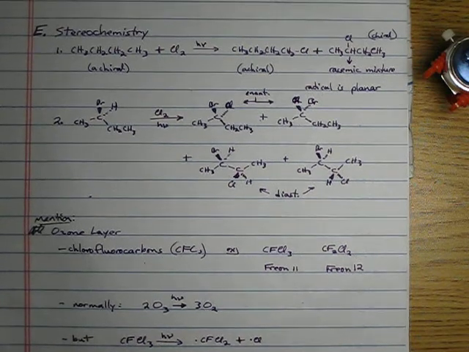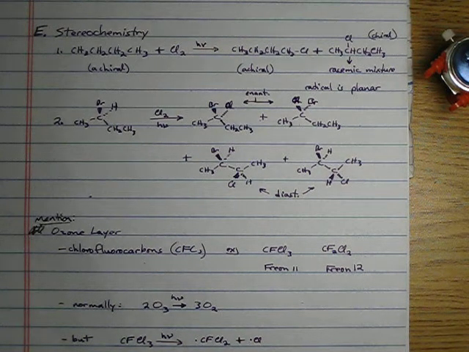Well, what about stereochemistry? Well, the thing to remember, what is the hybridization of a radical carbon? That's right, it is sp2 hybridized. Its shape is trigonal planar, which means when you formed that carbon radical that's trigonal planar, and then the chlorine or the bromine, that halogen came in, on which side did the halogen come in on?